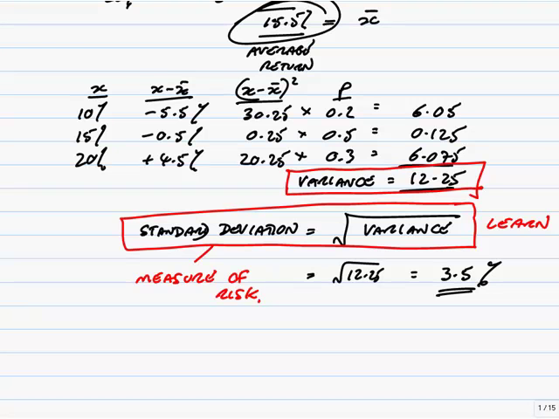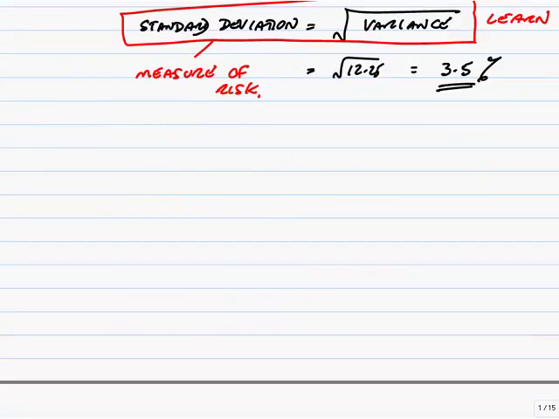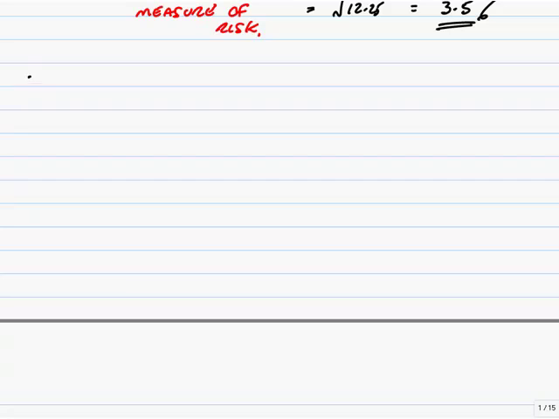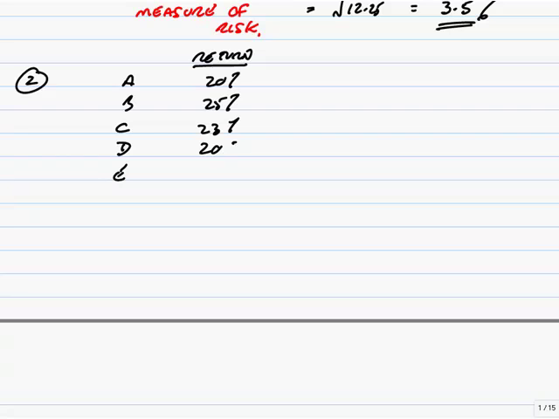In example 2, an investor has the choice of the following share investments. And we've got 5 shares there, A, B, C, D, and E, giving differing returns and differing risks. Now, if I just list them, so we've got them in front of us, A, B, C, D, E. The returns calculated, as we had done in example 1, we're given here as 20%, 25, 23, 20, and 22.